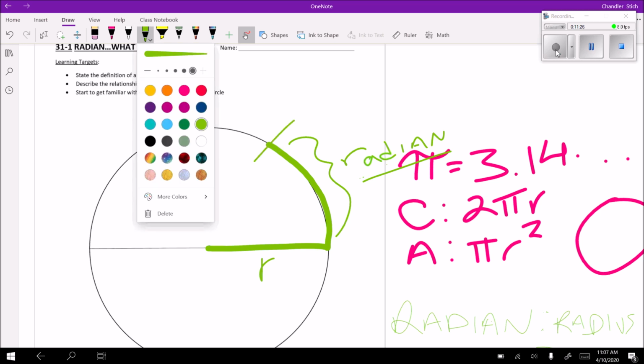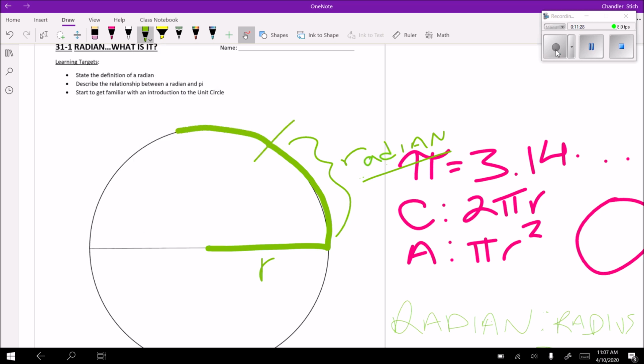What happens if I do another radian? Maybe like there. These are all kind of estimates, but I could be more precise. This would be 2 radians, 2r. All right. And then let's go one more time.